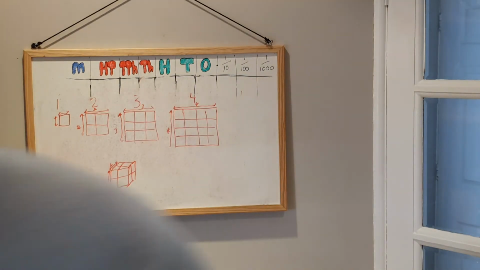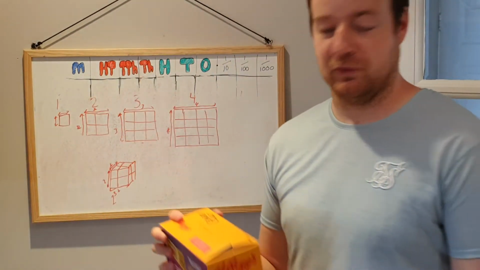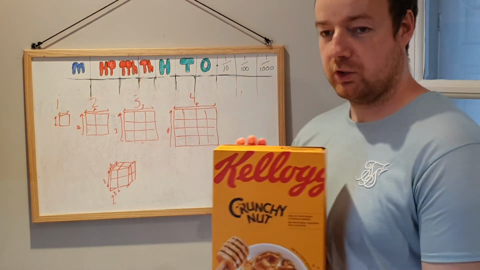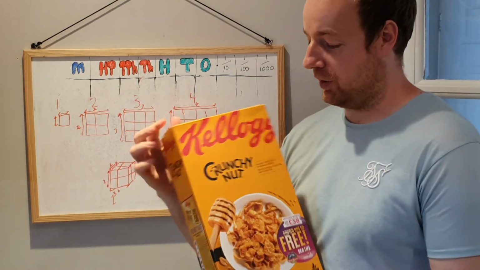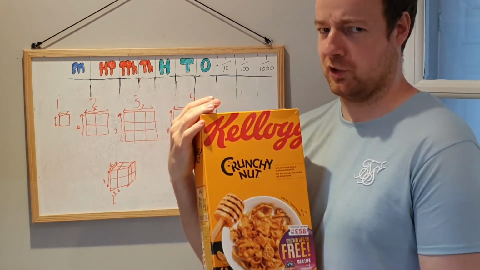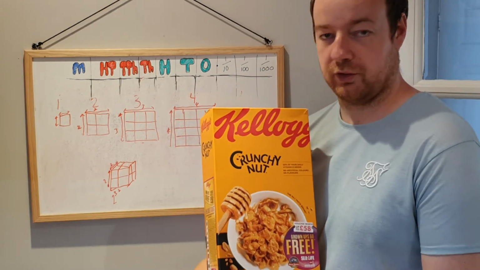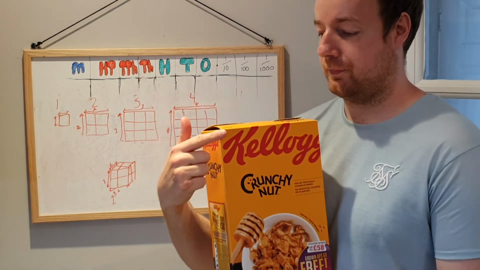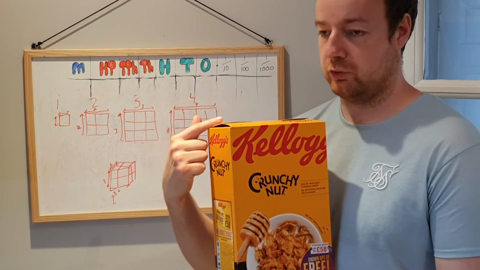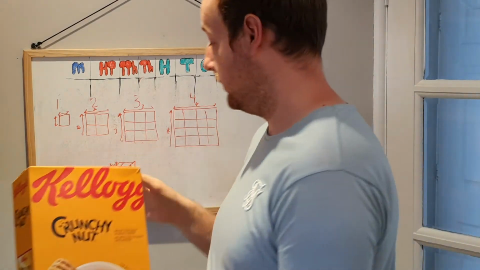It's not quite a cube, but you'll have to forgive me for that. We've got this nice Kellogg's Crunchy Nut bowl. If you imagine that it's actually a square, not rectangular, going 2 squares down, 2 squares across, and 2 squares back, it would look something like I've drawn on here.